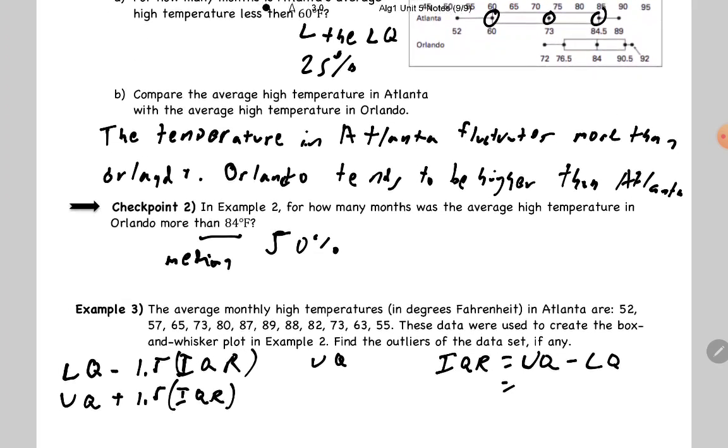So 84.5 for the upper quartile. Lower quartile is 60. So upper minus lower is 24.5.